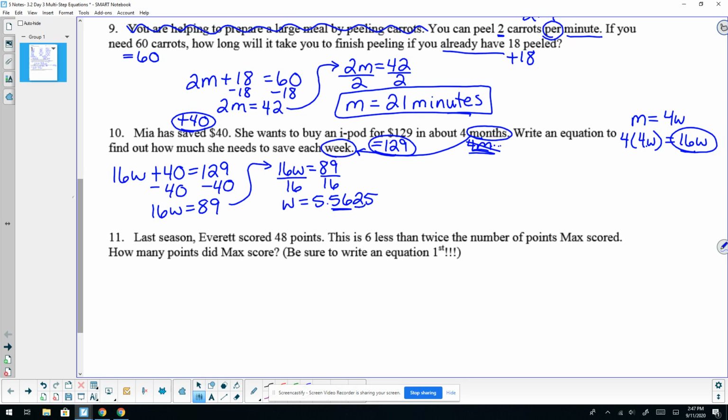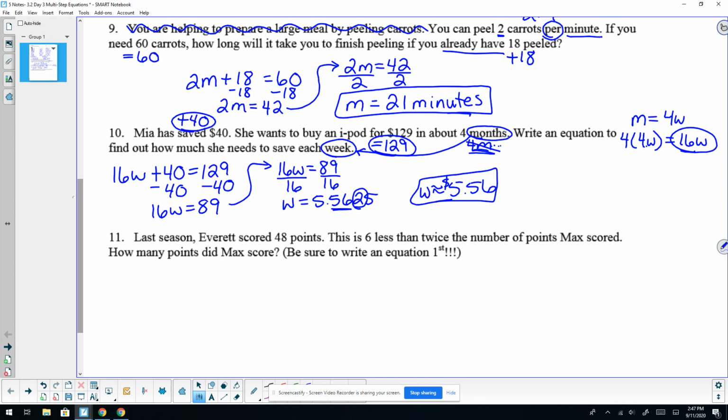So this 2 is going to tell me whether I round the 6 up or leave it as a 6. In this case, 2 is below 5, so I'm going to leave 6 as 6, meaning that for every week, I need to save $5.56. And actually, that's an estimation because we rounded, so I'm going to use the squiggly equal sign to say about. Each week, she needs to save about $5.56.